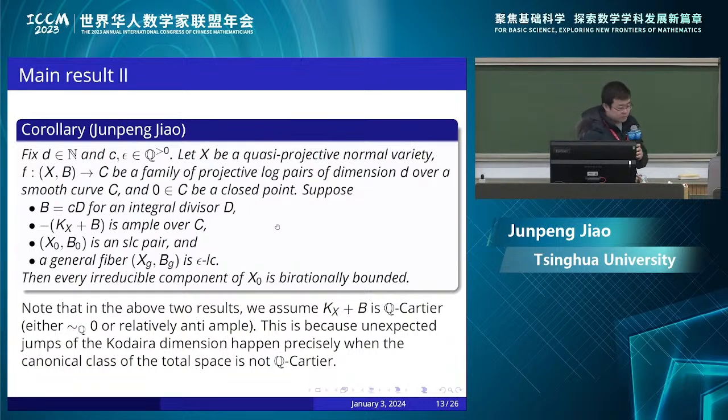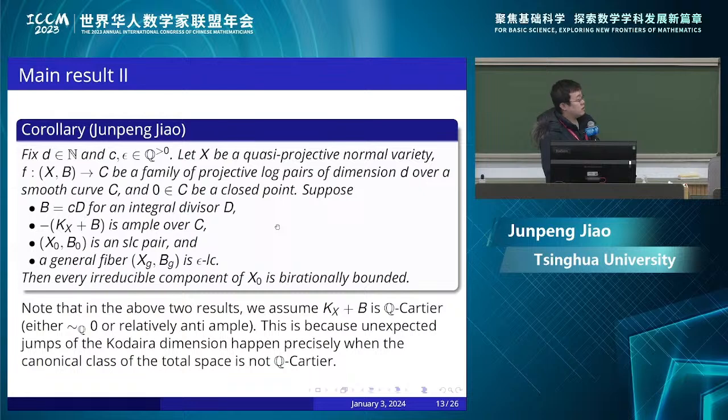We suppose B equals a multiple of a divisor, and Kx plus B is anti-ample over C, so it's a Fano contraction. Again, the central fiber has SLC pairs, and the general fiber is epsilon-log canonical. The irreducible components of the special fiber X0 are birationally bounded.